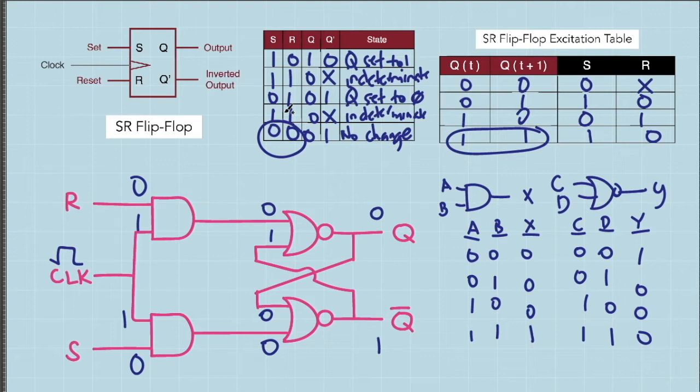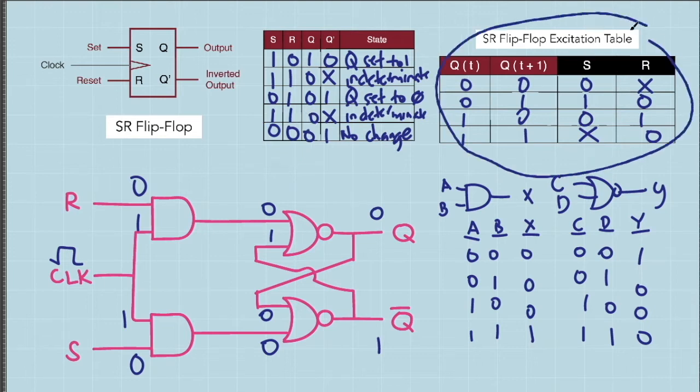Remember that when set and reset are both equal to 0, it doesn't change the output Q. Hence, this is also possible for the case where set is 0 and reset is 0. Therefore, this final case of the excitation table is also possible for 0, 0. So instead of writing 1 for the set signal, I'm going to write don't care here to include this possibility where set and reset are both equal to 0. And that's it. This is our SR flip-flop excitation table.